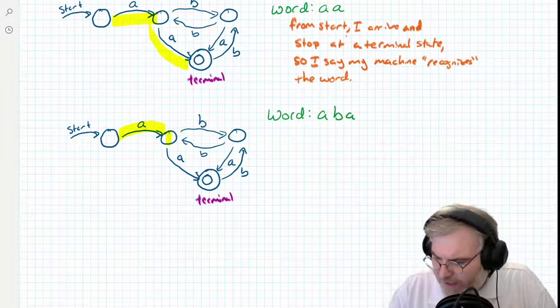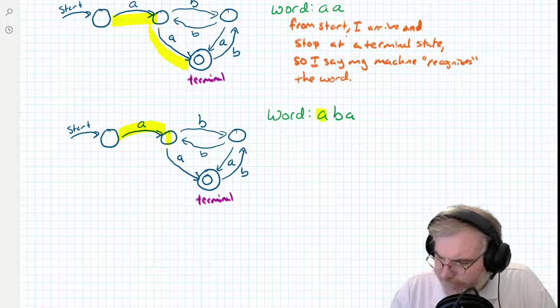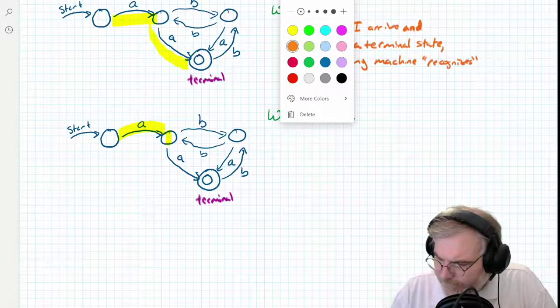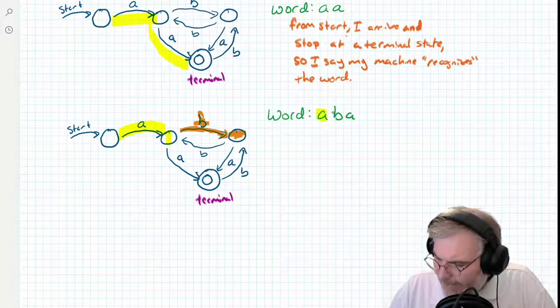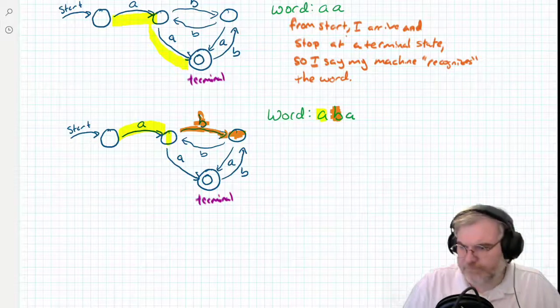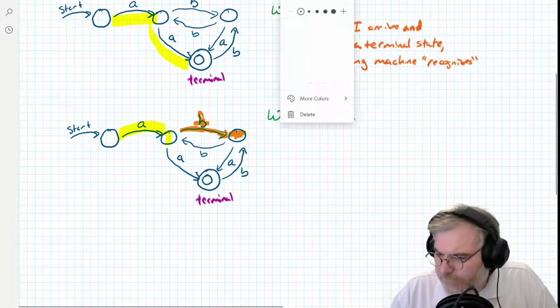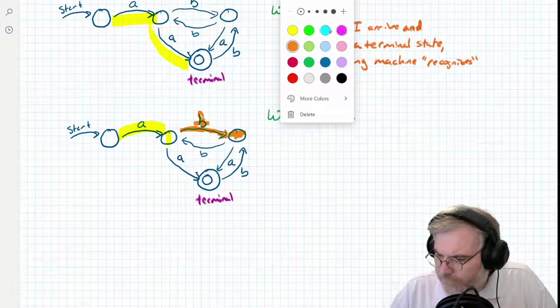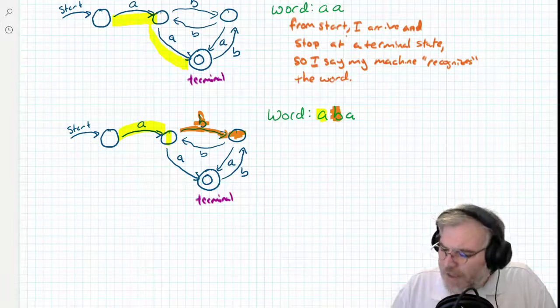You know what? Let me change the color of the highlighter. So this one was A. This one is B. How do we feel about that? And then for my last letter is A again.